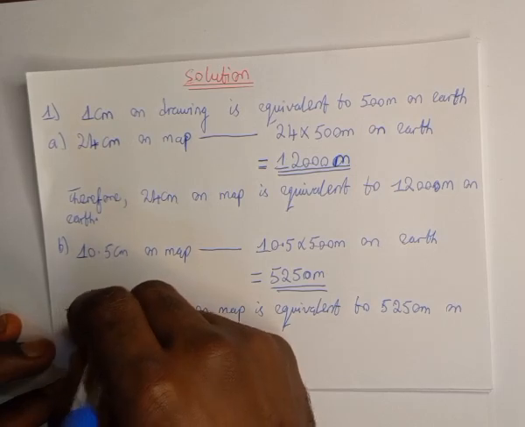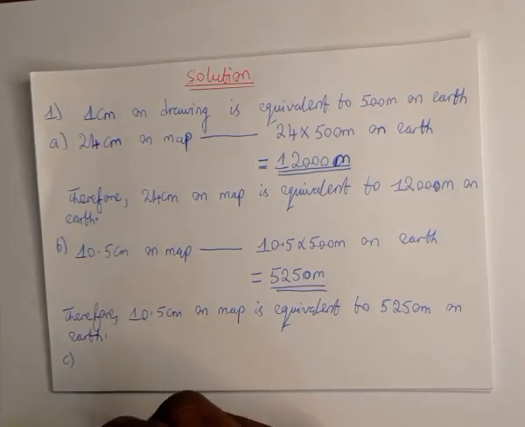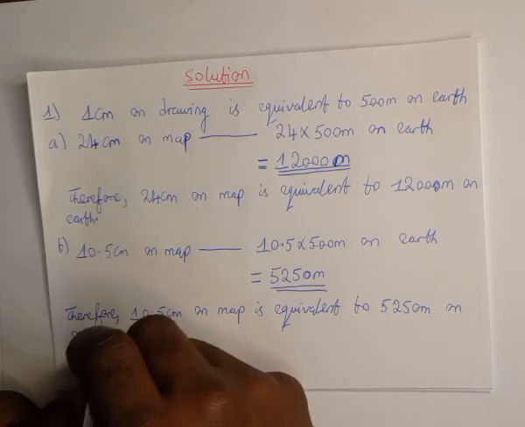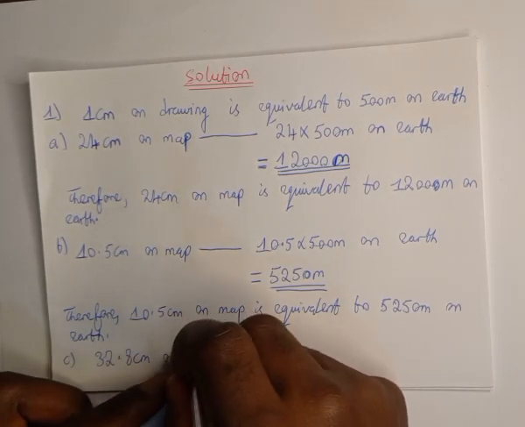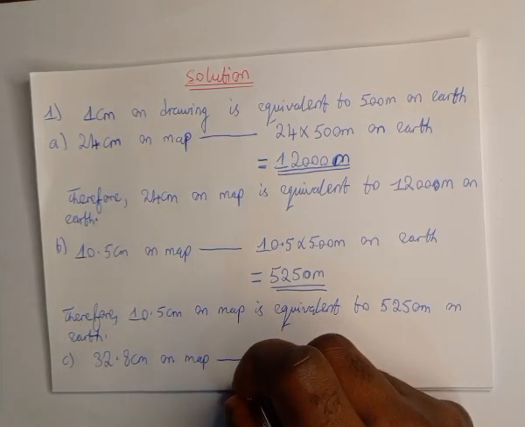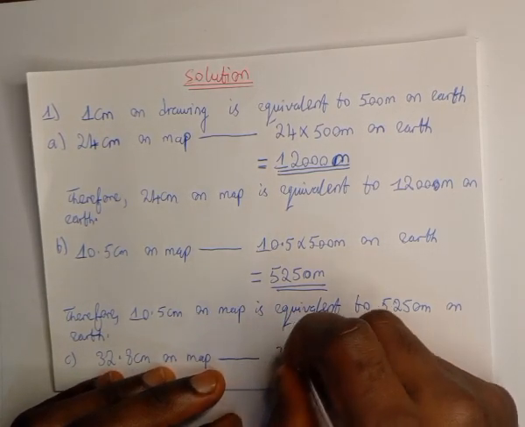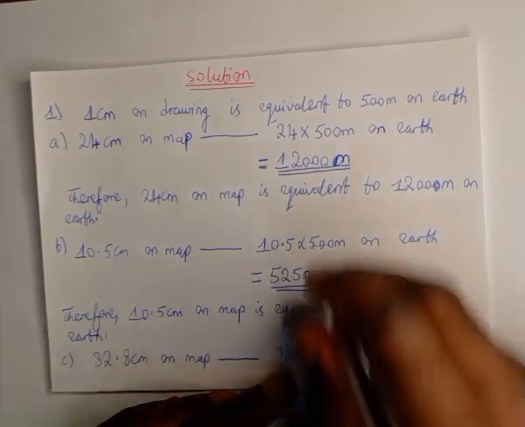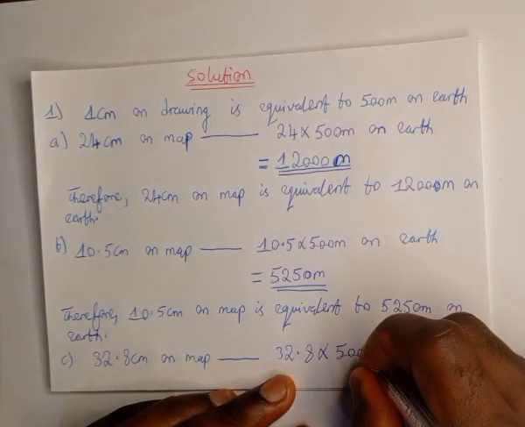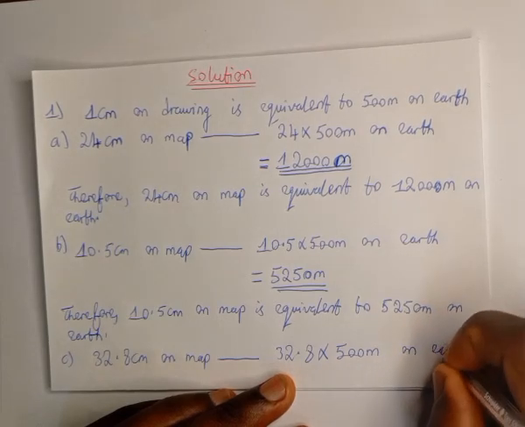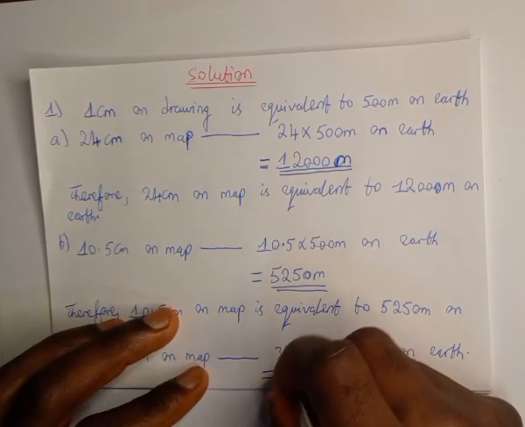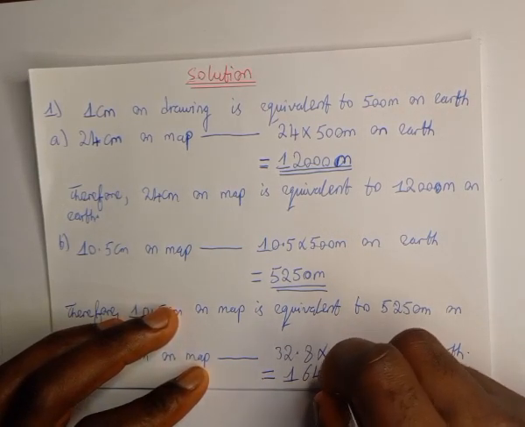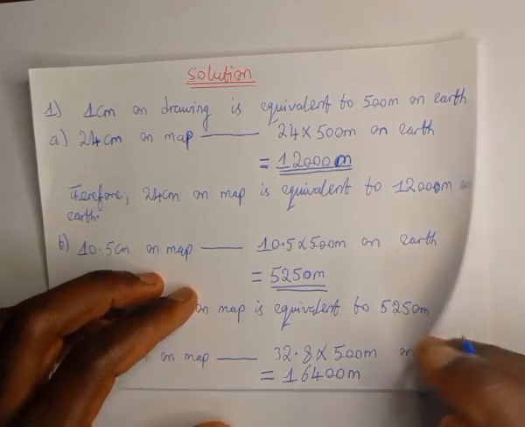We go to C. For C, we have to convert 32.8 centimeters. 32.8 centimeters on map will simply be equivalent to 32.8 times 500 meters on Earth, and this will simply be equal to 16,400 meters.